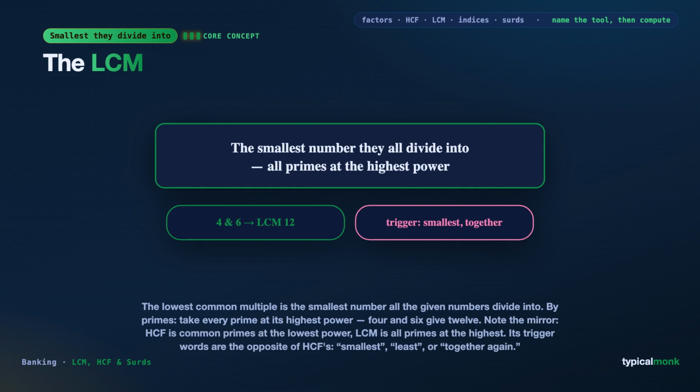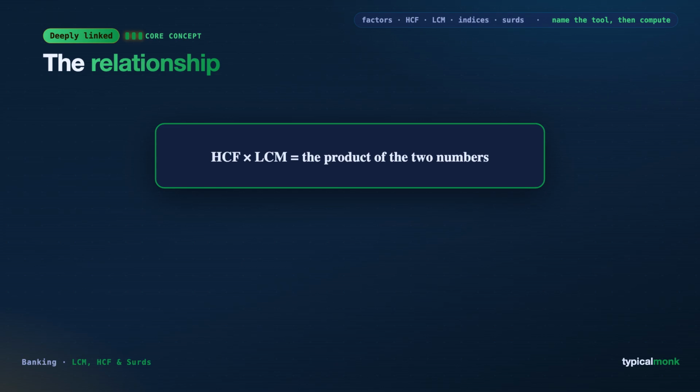HCF and LCM are not just a pair of separate tricks; they are deeply connected, and that connection is both a time saver and a favorite exam point. For any two numbers, there is a beautiful exact rule. The HCF of the two numbers multiplied by the LCM always equals the product of the two numbers themselves.